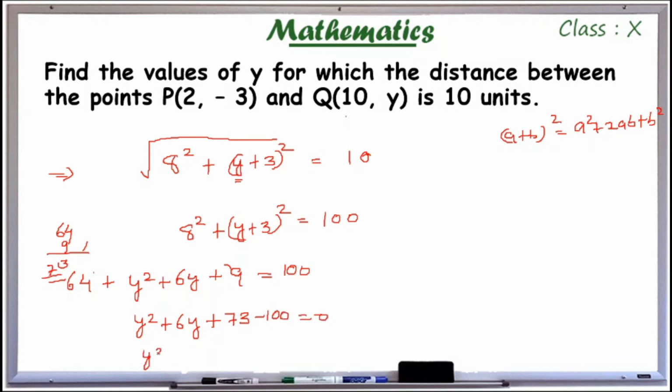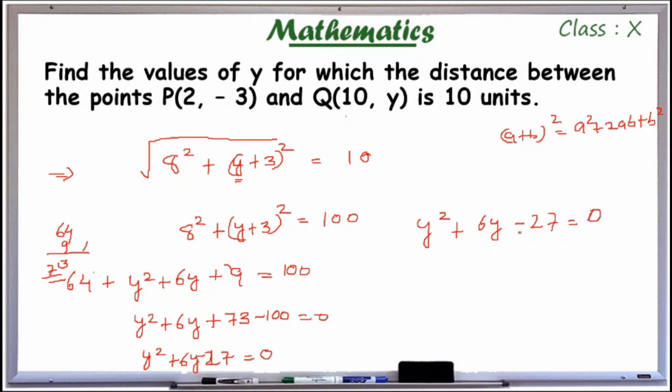So y square plus 6y minus 27 is equal to 0. So we get y square plus 6y minus 27 is equal to 0.